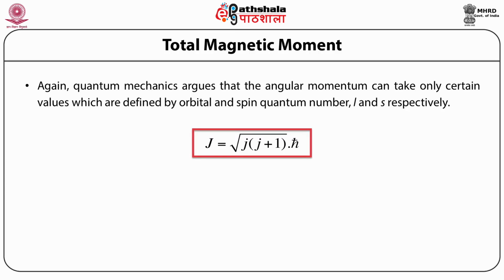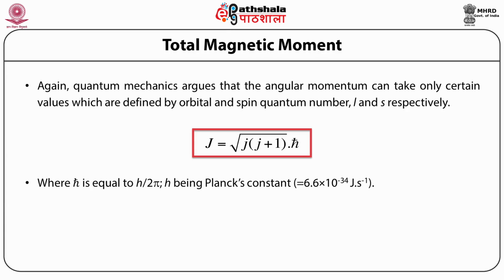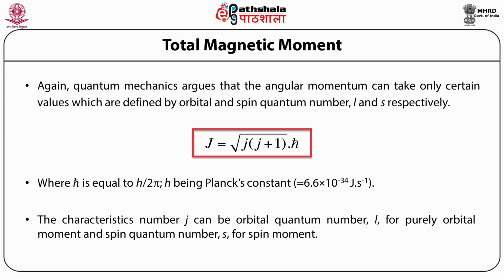This whole is multiplied by h bar, where h bar is equal to h by 2 pi and h is the Planck's constant. The characteristic number j can be the orbital quantum number L for purely orbital moment, and S is the spin quantum number for spin moment.